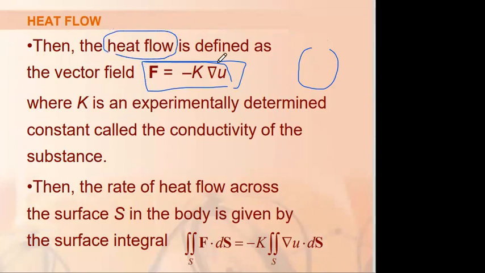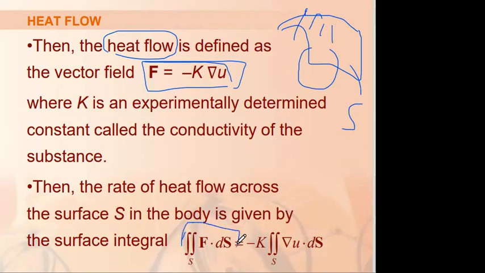So this is the vector field, and now you have any three-dimensional geometry, with this being S. And you find the rate of heat flow across this surface. So for that you have to add up all, so find this double integral. So this is another application.